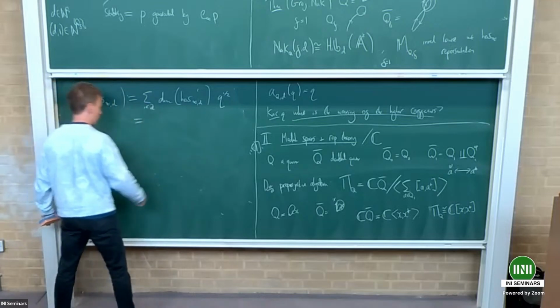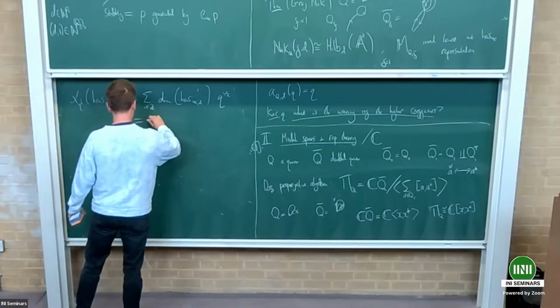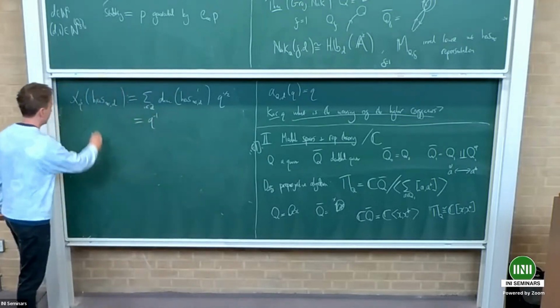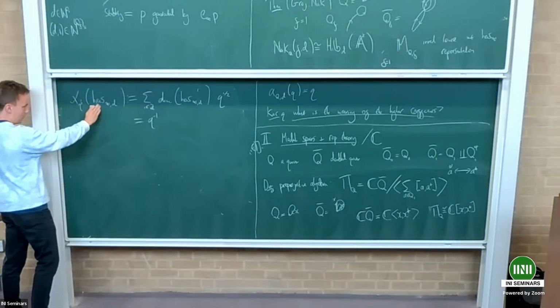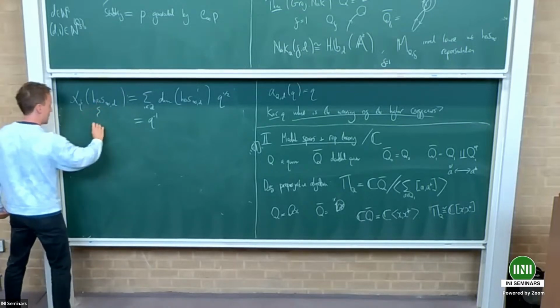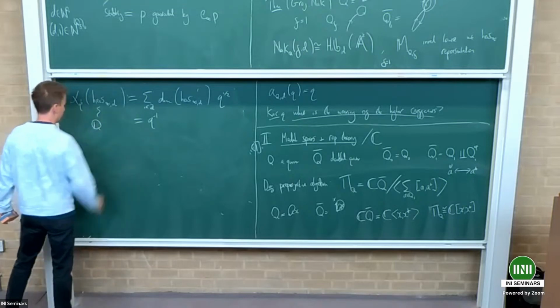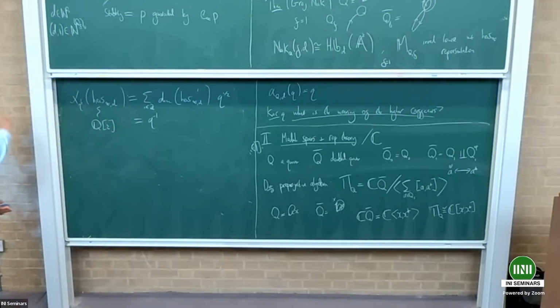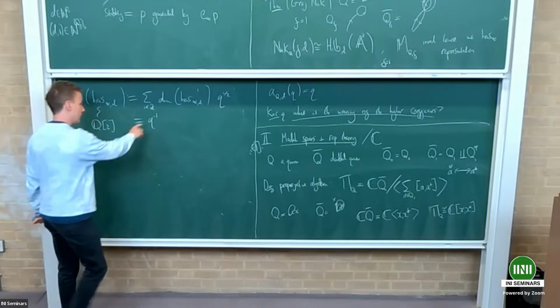And the content is that this is Q inverse. That is, if I take this graded piece of this Lie algebra, it's just given by a single copy of Q sitting in cohomological degree -2. Okay, so this is sort of familiar.